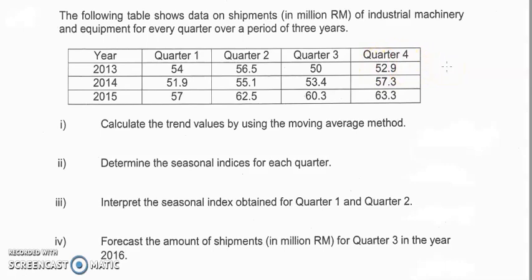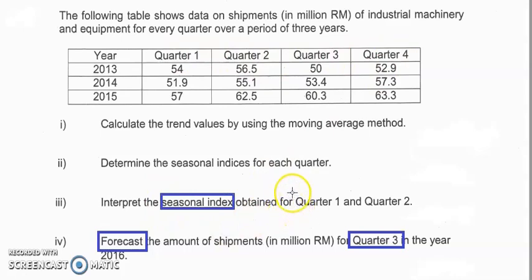So how to know which one, simple or centered moving average? Again, look at the forecast question. Forecast the amount of shipment in million RM for quarter 3. Okay. So we need to forecast by quarter. Or if you refer to the seasonal index question here, interpret the seasonal index obtained for quarter 1 and quarter 2.